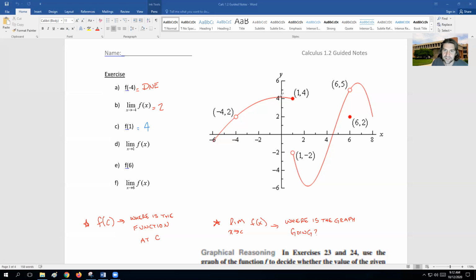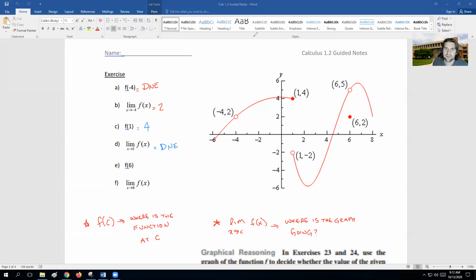Coming from the left side, we're getting closer to 4. Coming from the right side, -3, -2.5, -2, so I'm going towards -2. So the limit does not exist. These are not going towards the same number, so we can't say the graph is going towards one specific location.